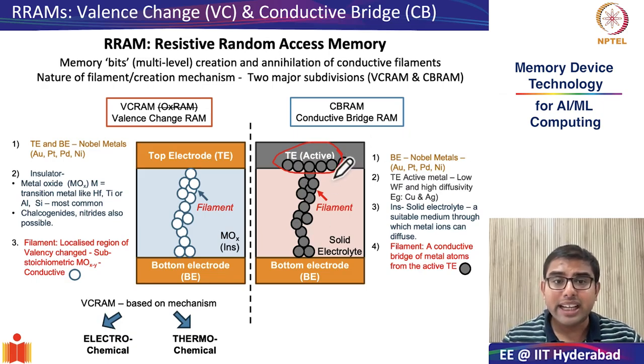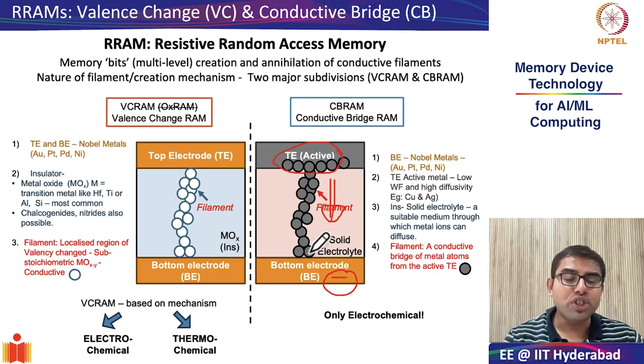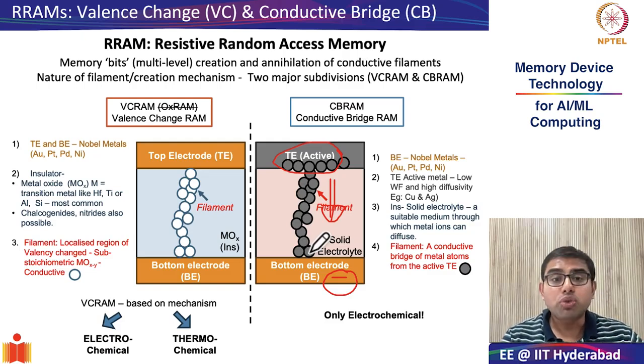If they oxidize, they gain positive charge, they become metal cations, and they start moving to the bottom electrode, which has been given a negative voltage. And this solid electrolyte allows this diffusion to happen and this conductive bridge to form. But unlike VCRAMs, conductive bridge RAMs are inherently electrochemical processes. And this is what we will also see in the next class.